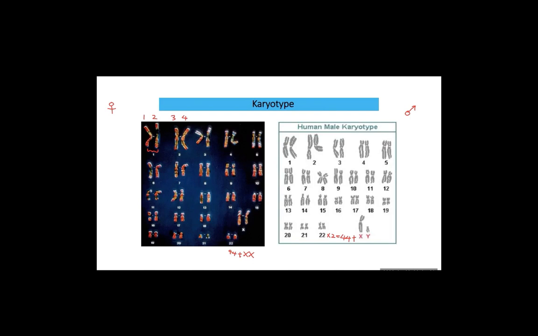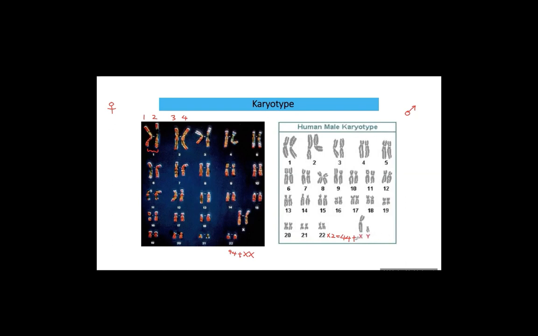So you can write the chromosome arrangement as 2n equals 46 for both female and male diploid cells, because there are 46 chromosomes in female and male respectively. But if you want to indicate the sex chromosome in a diploid cell, female cells can be denoted 2n equals 44 plus XX, whereas male cells are denoted 2n equals 44 plus XY.